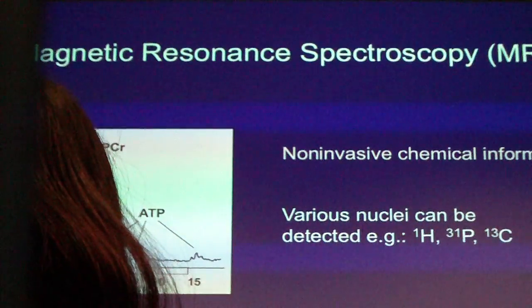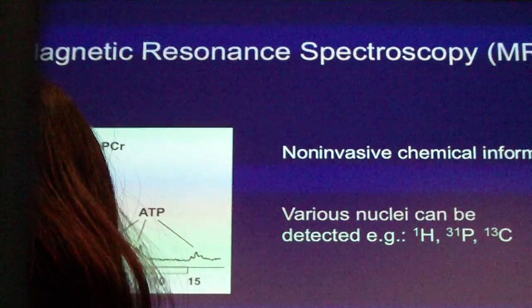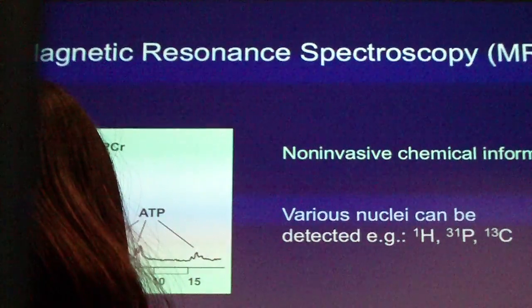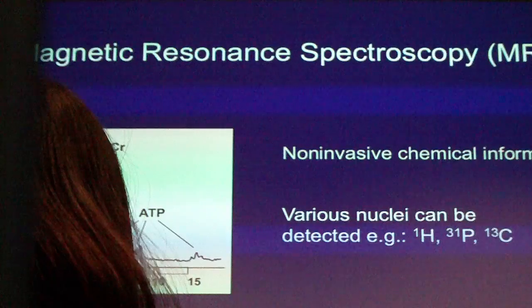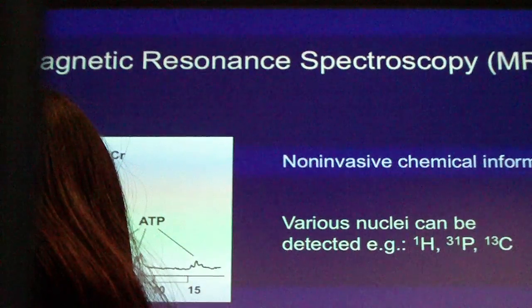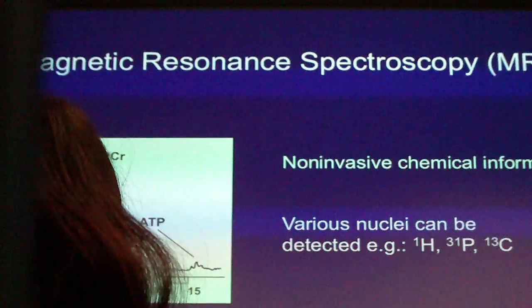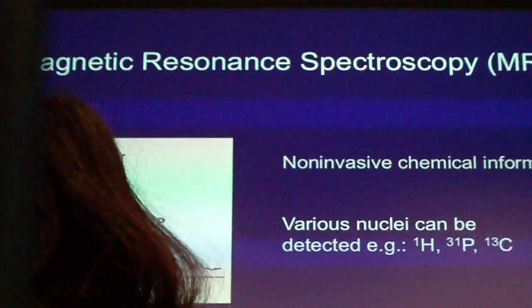The background is all the same for the spectroscopy, but instead of getting an image, an anatomical image, you can get a chemical image. So for the imaging, we mainly look at water. And for the spectroscopy, we can actually look at different metabolites.